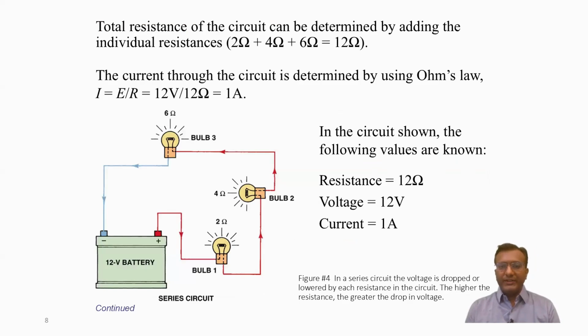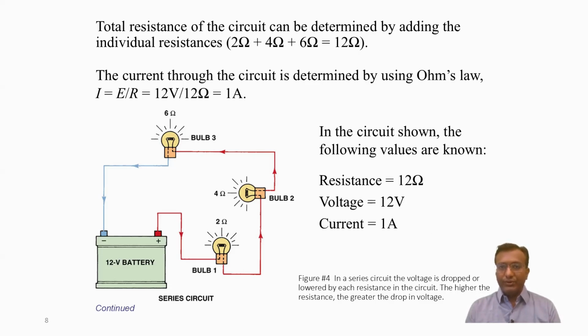Now, take a small example to get the insight of Kirchhoff's law. Here is a simple series circuit in which we have used three loads of 2 ohm, 4 ohm, and 6 ohm resistance respectively. Now we have to determine the voltage drop across each resistor.